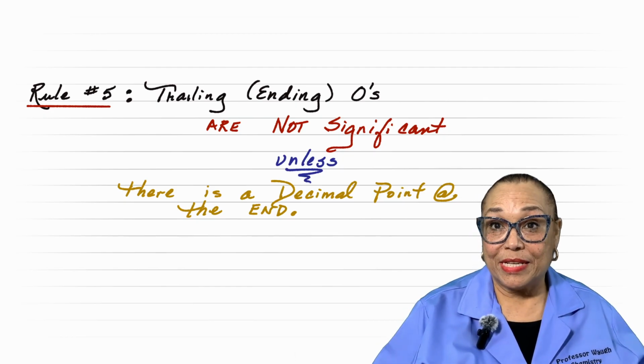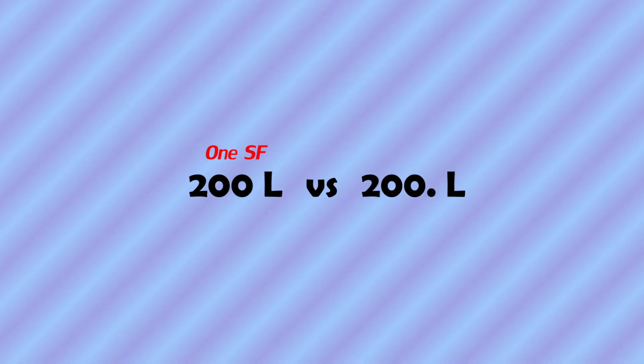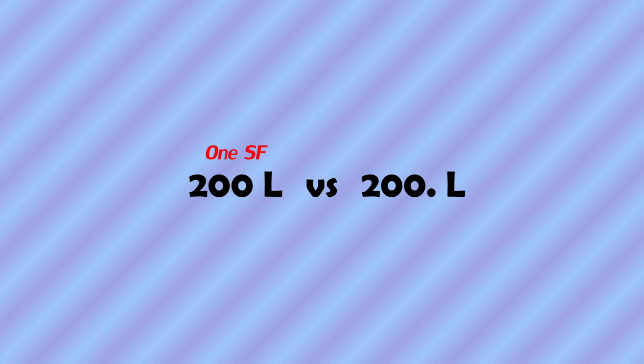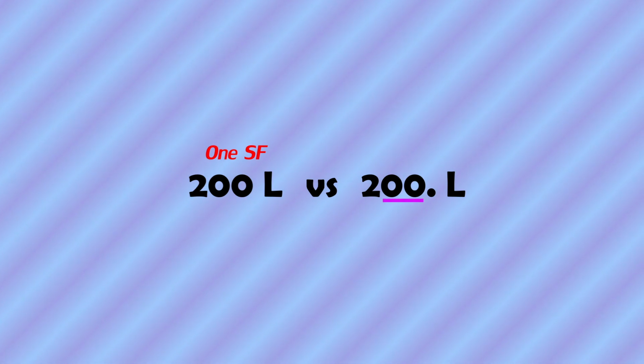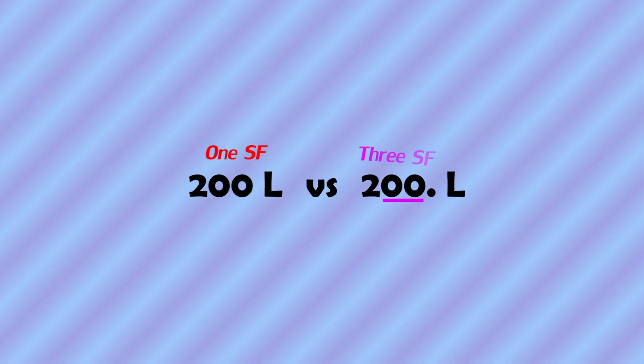So let's look at some examples. We have 200 liters, capital L means liters. There's no decimal point in that. Do you see that? So that means we only have 1 sig fig versus 200 decimal point liters. That decimal point at the end says to me that those zeros are significant. So in that scenario, we would have 3 sig figs.